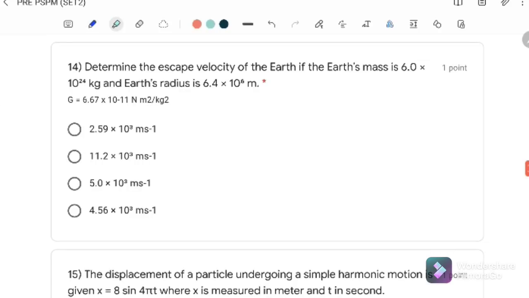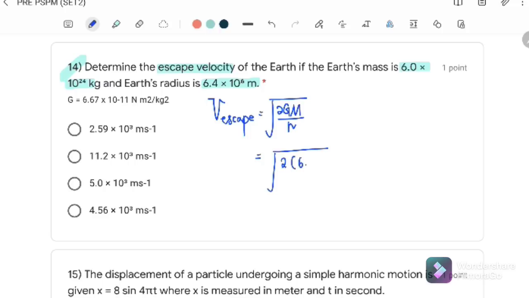Question number 14, chapter 7. Determine the escape velocity of the Earth if the Earth mass is 6 exponent 24 and the radius is 6.4 exponent 6. So we want to find V escape. The formula is V escape equals square root of 2GM over r. G is 6.67 exponent negative 11.